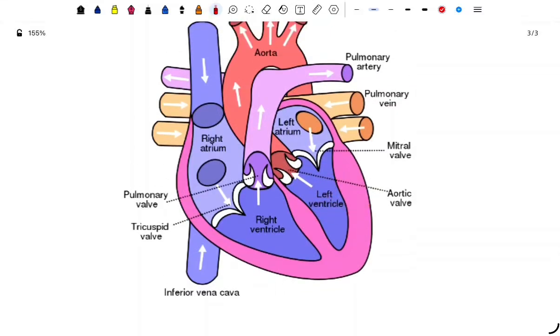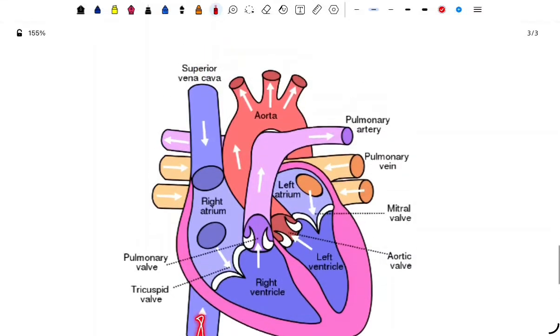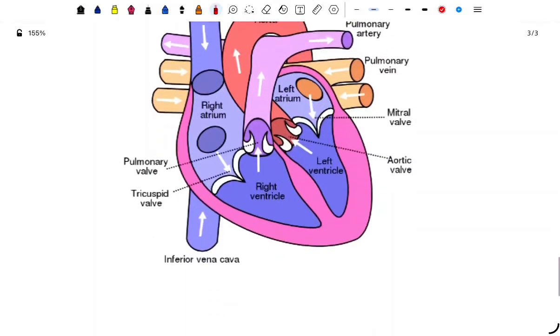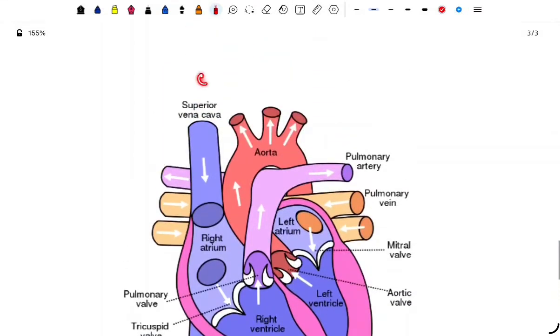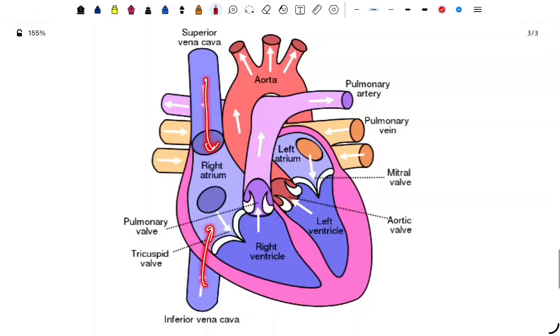Normally, the heart gets carbon dioxide-rich blood from the superior vena cava and from the inferior vena cava into the right atrium.